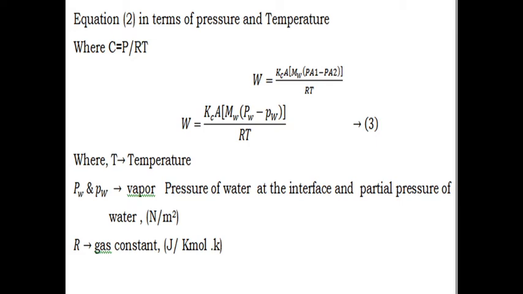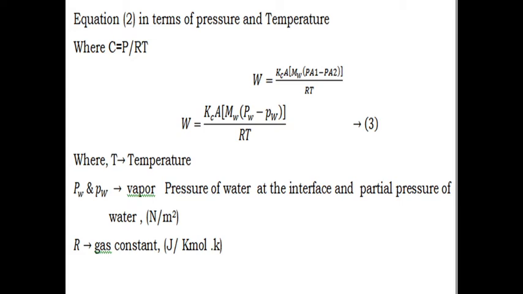So W is equal to Kc A Mw, where Pa1 is equal to capital Pw, because capital Pw is the vapor pressure of water at the interface. Are you clear or not? So what is Pa2? Pa2 is equal to small pw. Why?